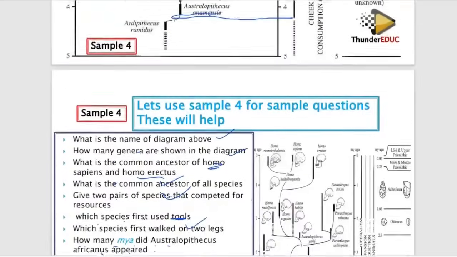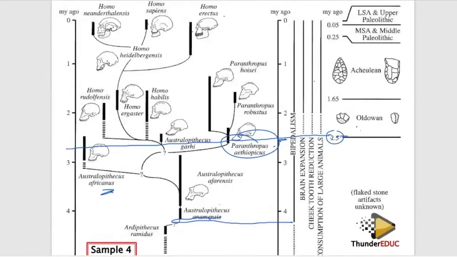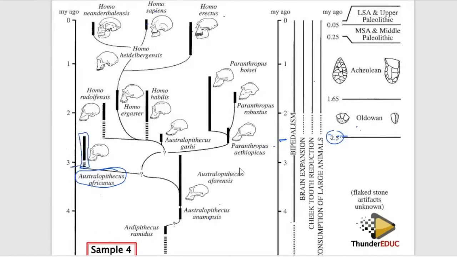So you come back here on the diagram and then you see where it appeared. Australopithecus africanus, where is it? Africanus is here. Yeah, it's here. So you find where it appeared.